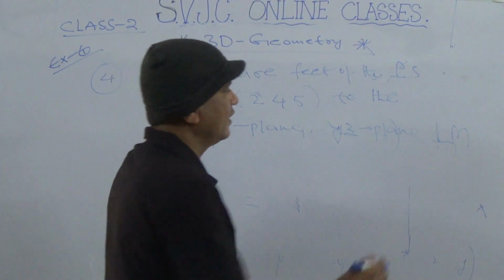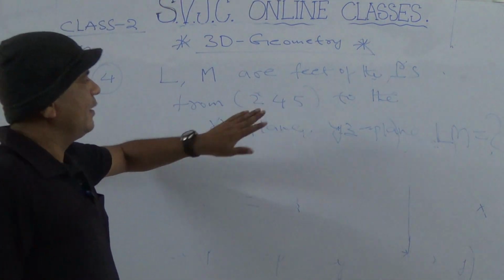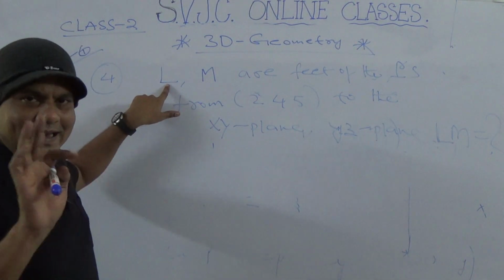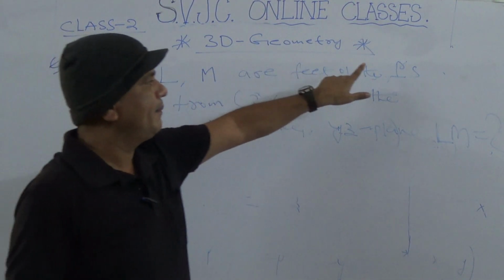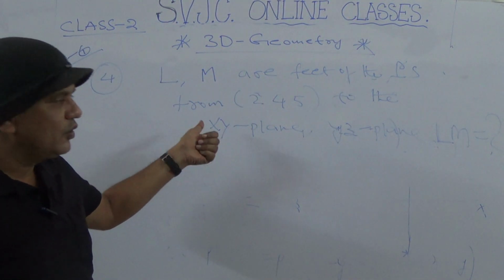Then L into M is equal to what? Here P is a given point, (2, 4, 5). Now what is L? L is the foot of the perpendicular from this point to the xy plane.